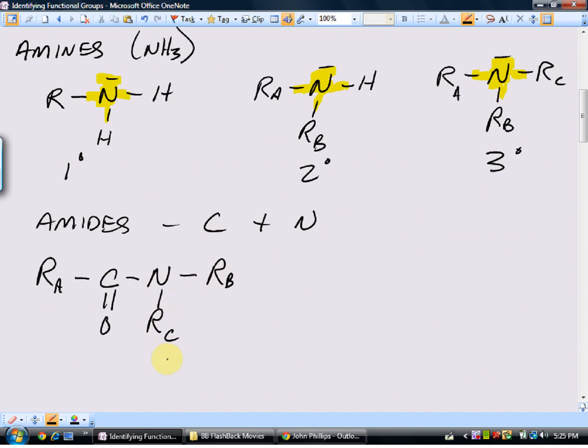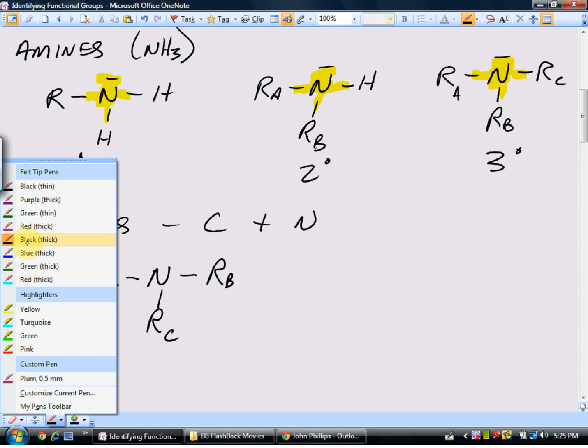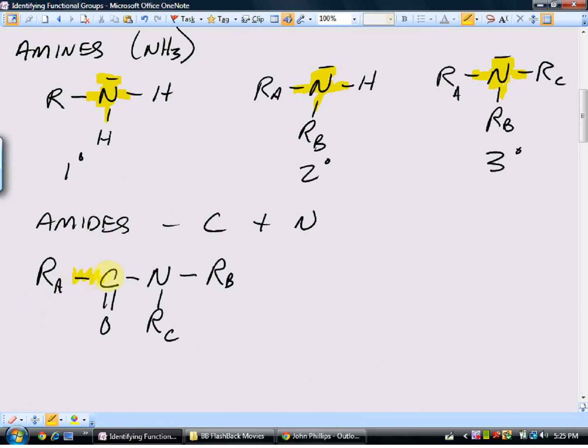Where those R groups, in the simplest way, can be hydrogens, but more likely R sub A, R sub B, R sub C are going to be carbon groups. So that's an amide, and the feature of the amide is, again, this combination. Okay? And what distinguishes one amide from the other is what is connected at those three locations.